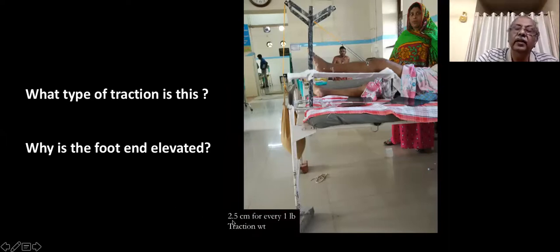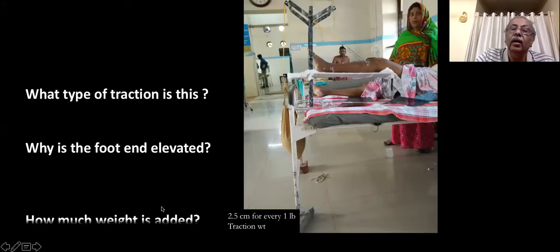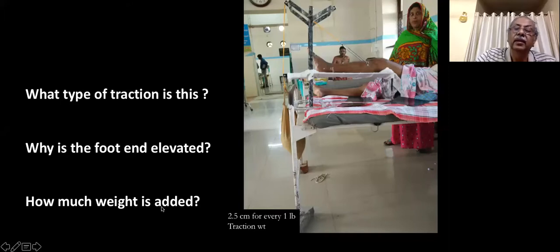The formula usually given is 2.5 centimeters for every lb, that is pound, of traction weight. And the maximum traction that can be given is 10% of the body weight. In a patient weighing 60 kg, the maximum weight that can be put is 6 kg.